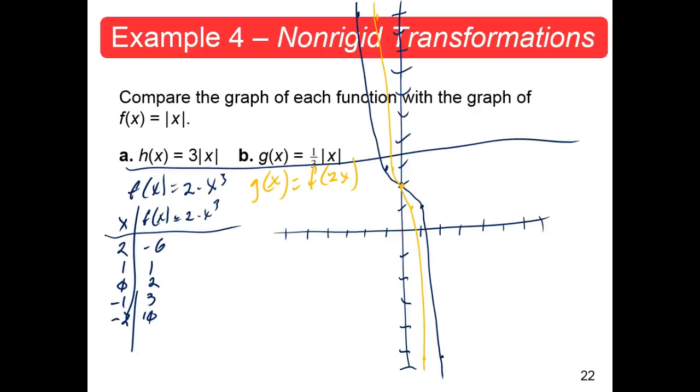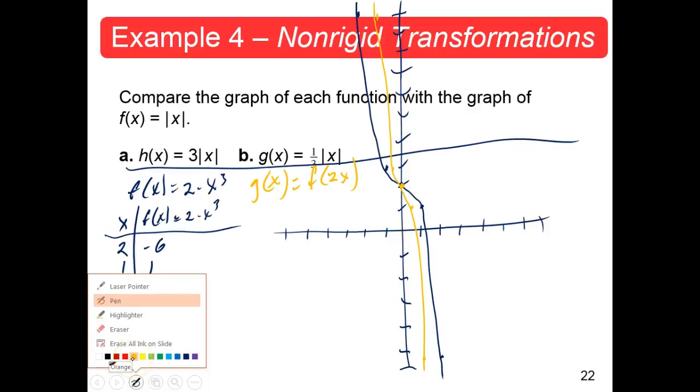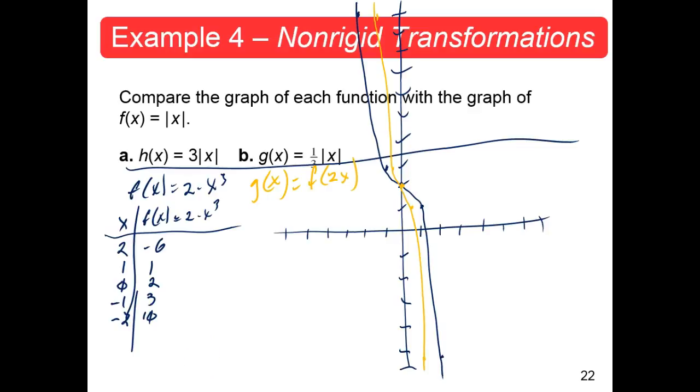Okay? That was g. What color do you want h to be? Choose a color for h. Purple. All right. We'll go up here to purple for h.